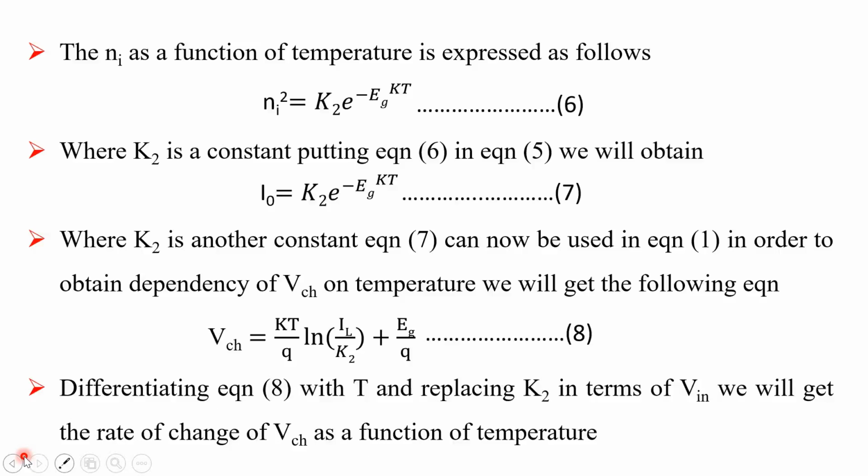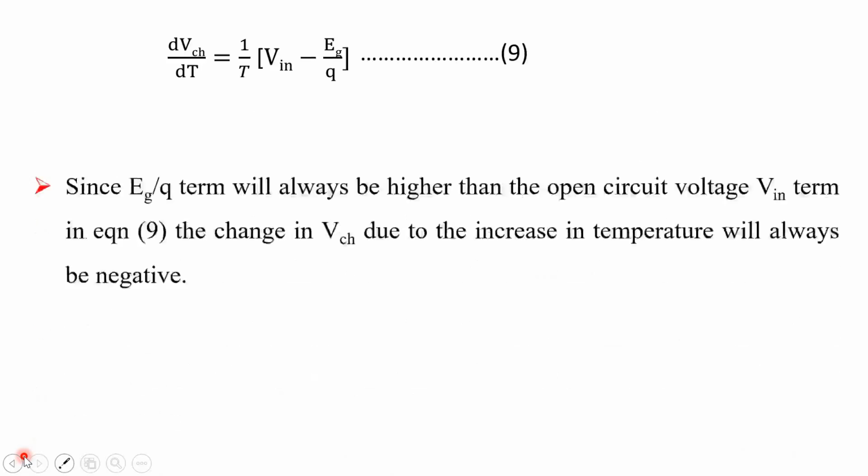Differentiating equation 8 with respect to temperature T and replacing K_2 in terms of V_OC, we get the rate of change of V_OC as a function of temperature: dV_OC upon dT is equal to 1 by T (V_OC minus E_g upon q). That is equation number 9.